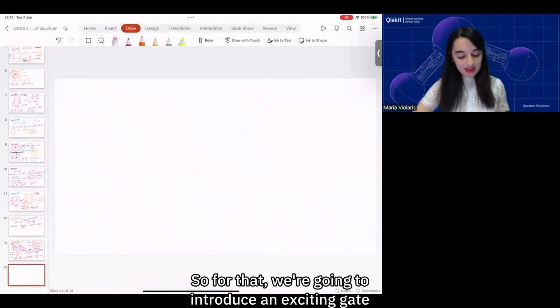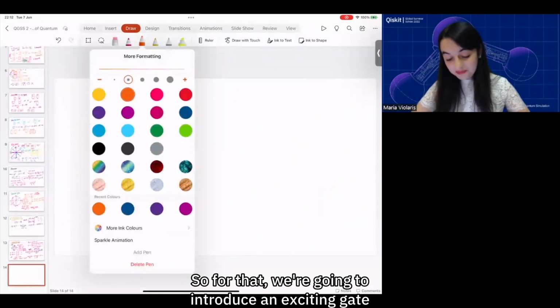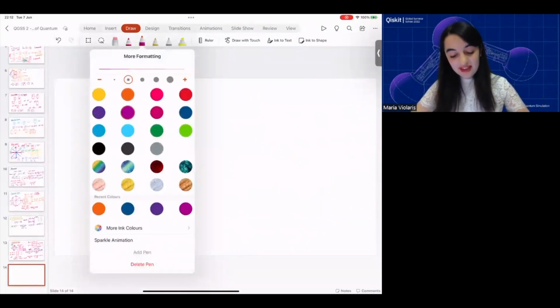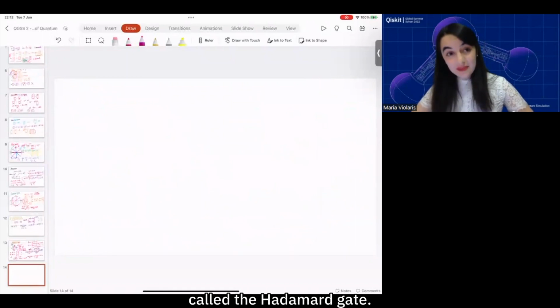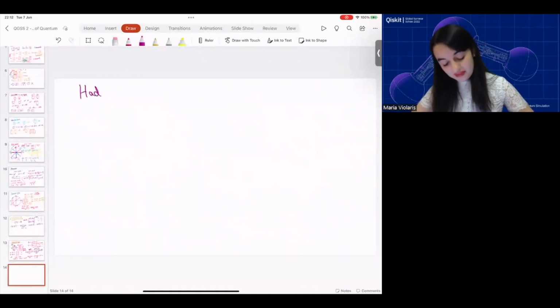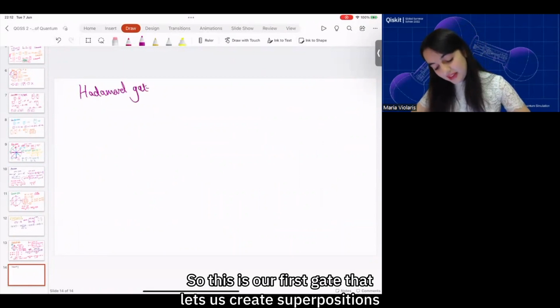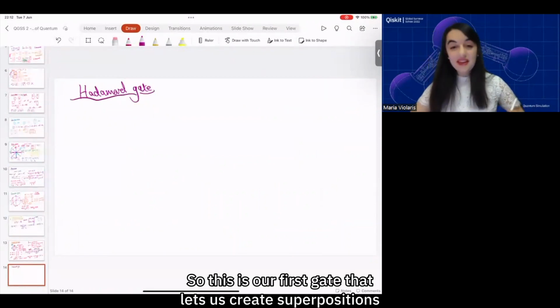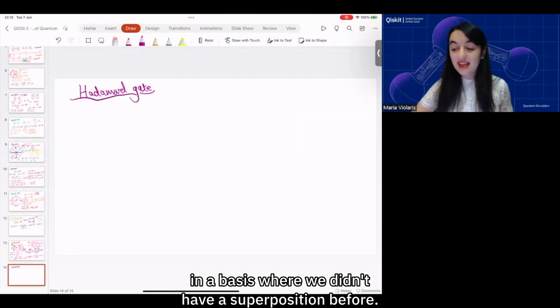For that, we're going to introduce an exciting gate called the Hadamard gate. This is our first gate that lets us create superpositions in a basis where we didn't have a superposition before.